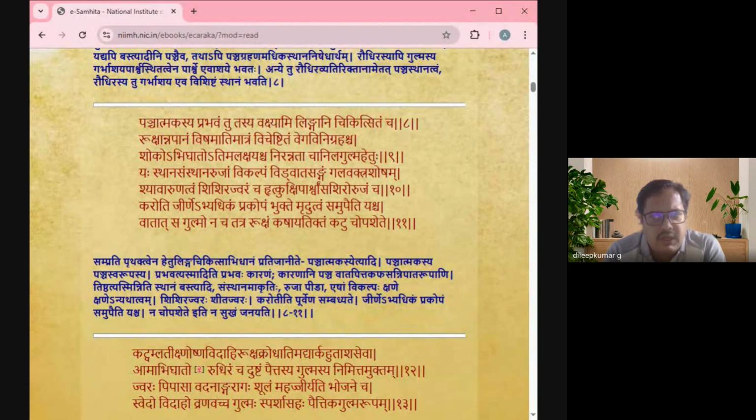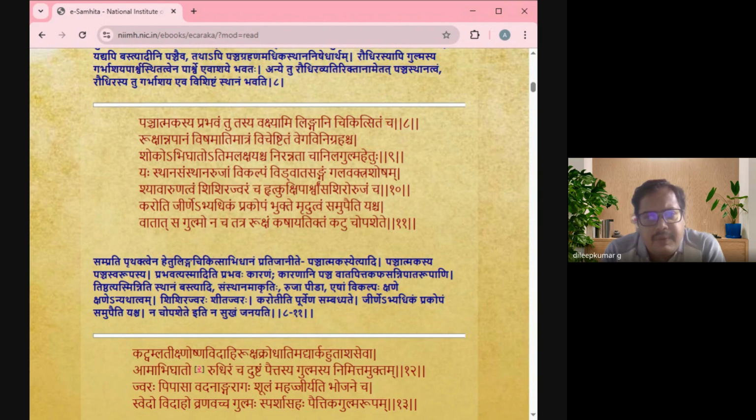So the first one is Vataja Gulma. The main causative factors of Vataja Gulma are Roksharnapanam, Vishamatimatram, Vicheshtitam, Vega Vinigraha. I have already mentioned these. So how do we understand the pathology of the Vataja Gulma? Once you understand the pathology of the Gulma, the rest of the conditions become easier.